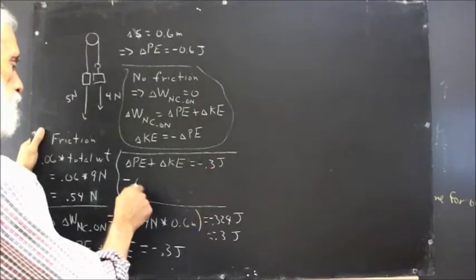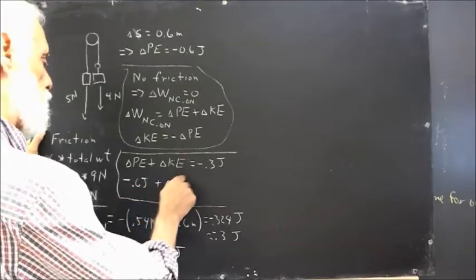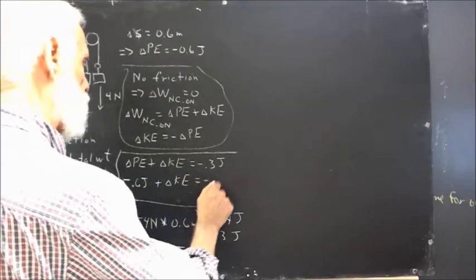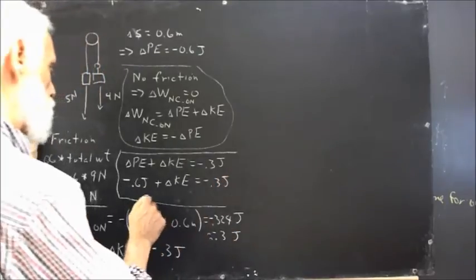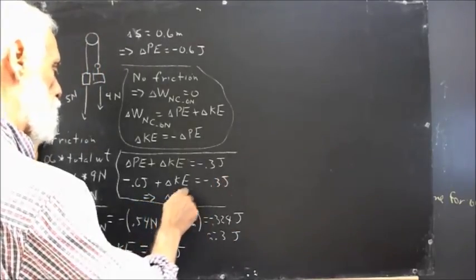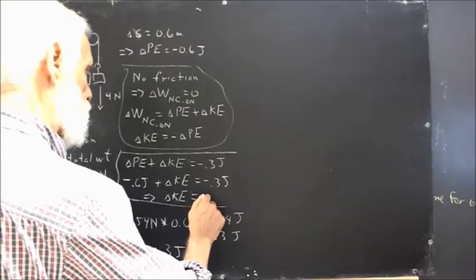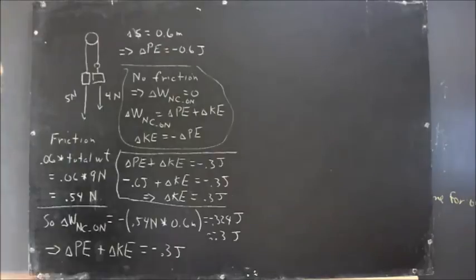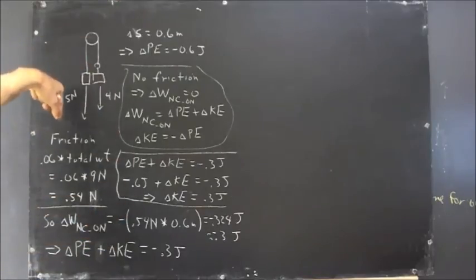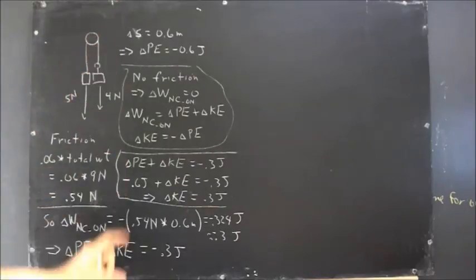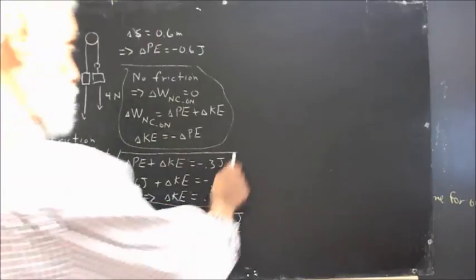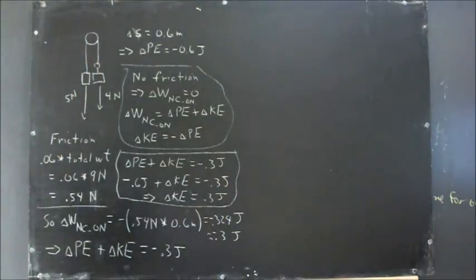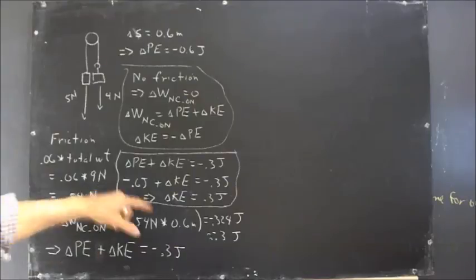We get negative 0.6 joules plus change in kinetic energy equals negative 0.3 joules, which implies that the change in kinetic energy is 0.3 joules rather than the 0.6 joules that we would have gotten here. Again, we didn't have to resort to analysis of the motion. We just analyzed the energy and we got this result more easily than we would have if we'd gotten our hands dirty with analysis of the motion.